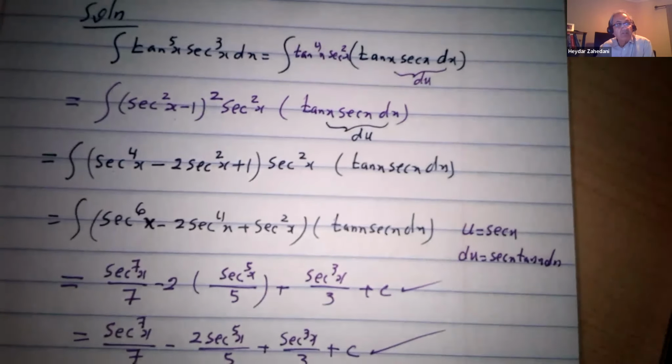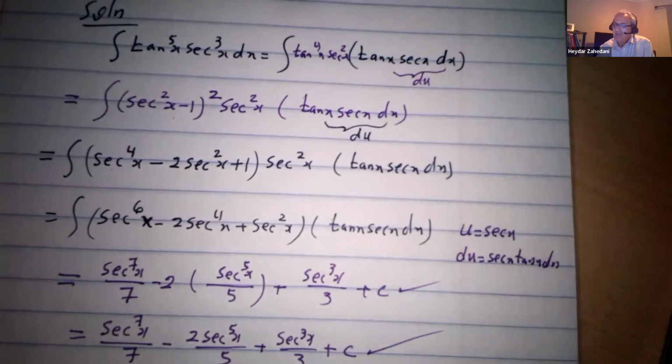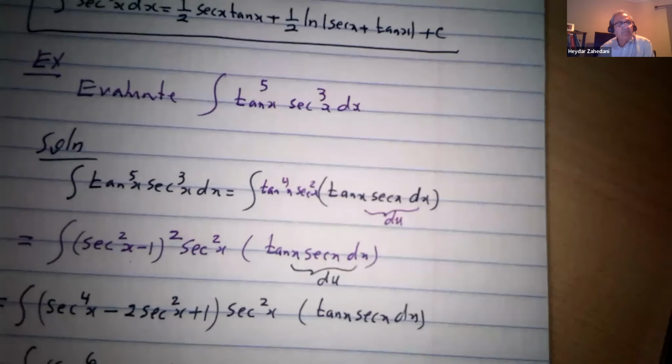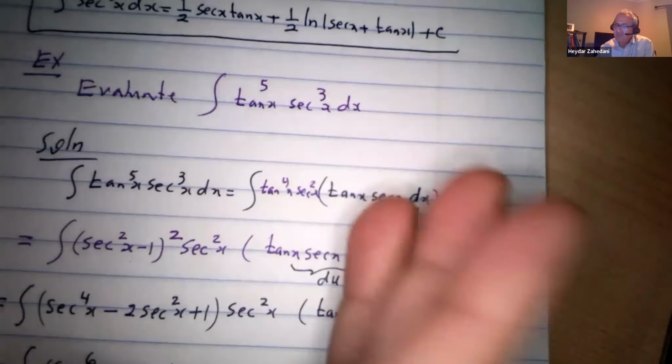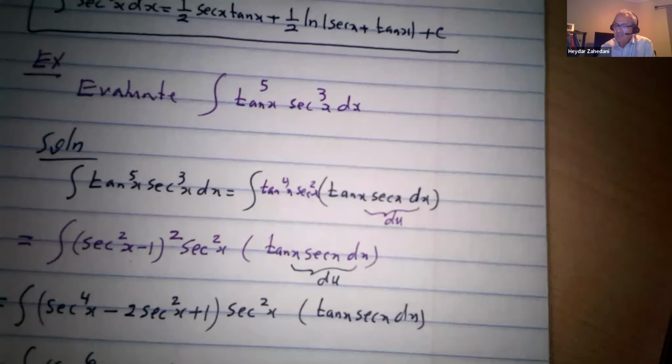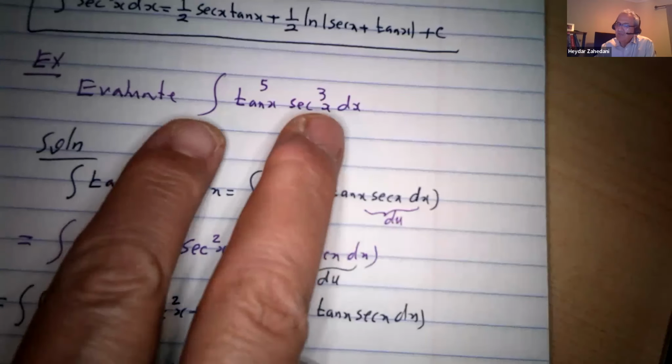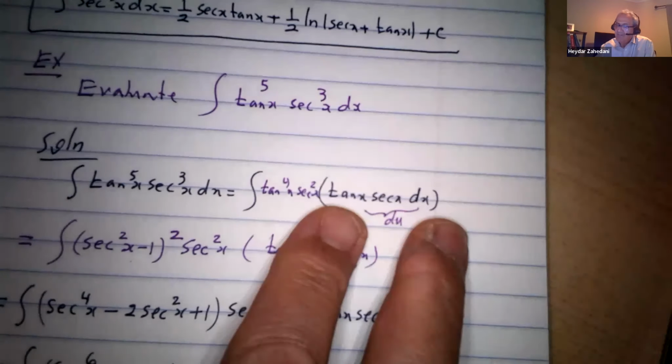But the idea, as I told you, is that both powers are odd. So you have to change one of them to the other one. You have to change either tangent to secant or secant to tangent. You can do it if the power is even. In this case, you don't have the even power. So that's why we take one tangent, one secant out.